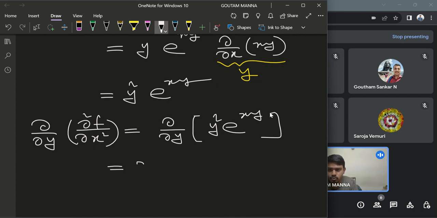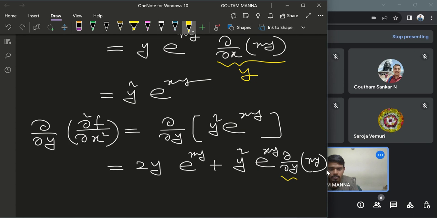So it will be 2y e to the power xy, then plus y square times the derivative of e to the power xy, that is e to the power xy times del y of xy.